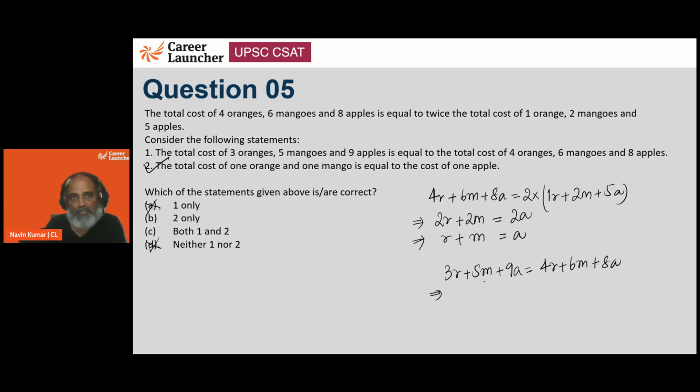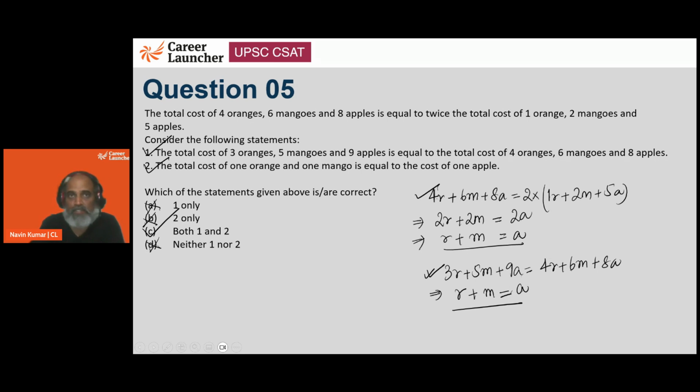Well, if we rearrange it, 4 oranges minus 3 oranges is an orange, 6 mangoes minus 5 mangoes is a mango, and 9 apples minus 8 apples is an apple. This also gives us the same thing from the given question. So if this is true, this is also true. So the first statement is also true. So the second option is ruled out. The correct option turns out to be option C.